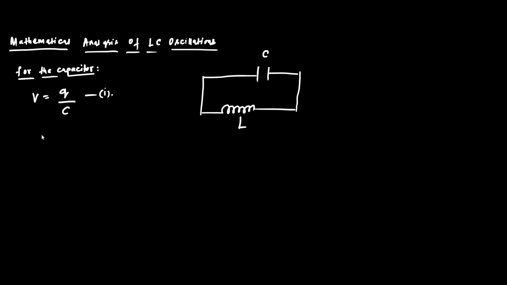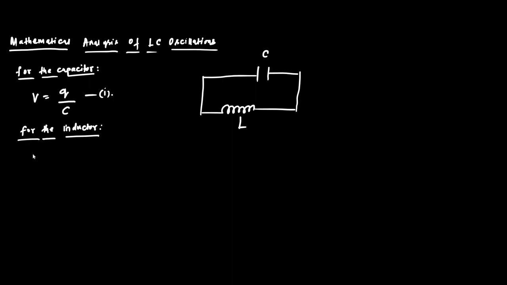And then we have the voltage across the inductor. Here we are considering the ideal circuit where there is no loss of energy. So the entire voltage from the capacitor is transformed to the inductor, no loss of energy.